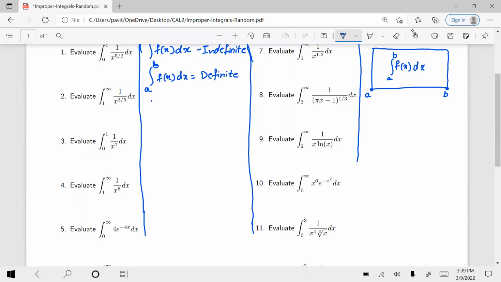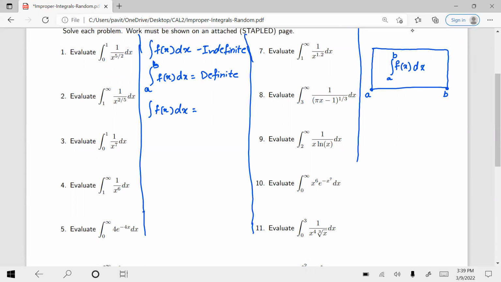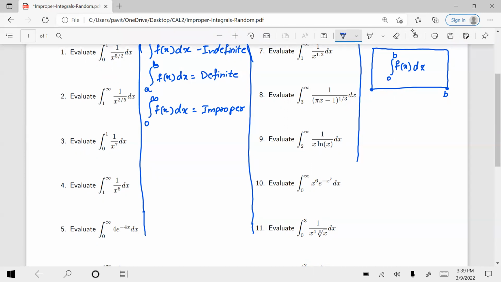Now, what do we mean by improper integrals? When I say improper integrals, we have a function f of x dx. Now, if you have limits of this kind, from 0 to infinity, this is called improper. Why is that? I'm going to start from a, or let us take 0. So 0 makes sense.